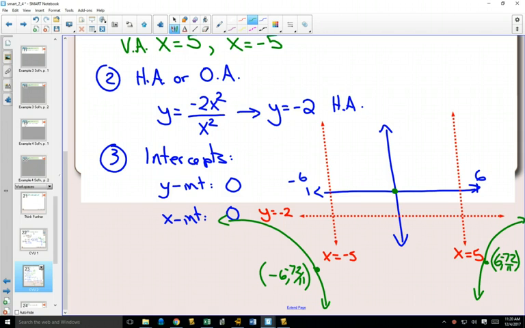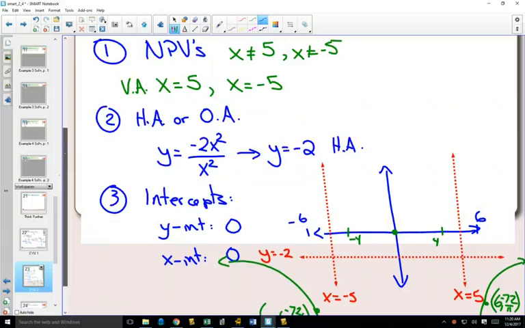Now what happens in the middle is a little bit of a mystery, because in the middle your graph could possibly go through your asymptote. So when we're trying to graph our middle section here, we again are going to need a few more points. What happens as I get close to the asymptote? A nice whole number closest to the asymptote would be 4, or on this side, negative 4.